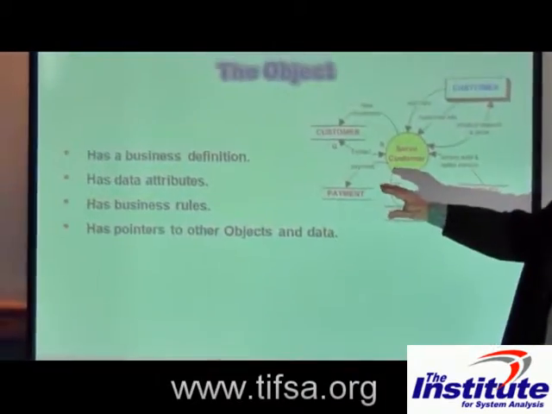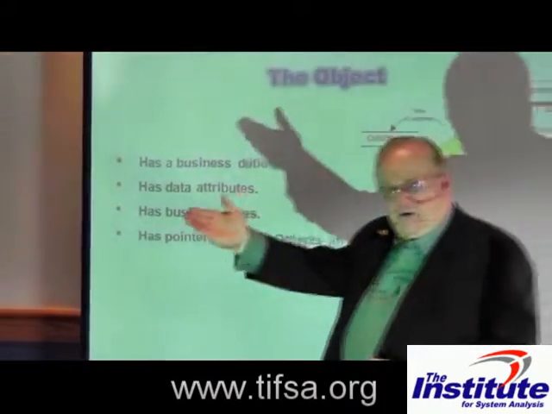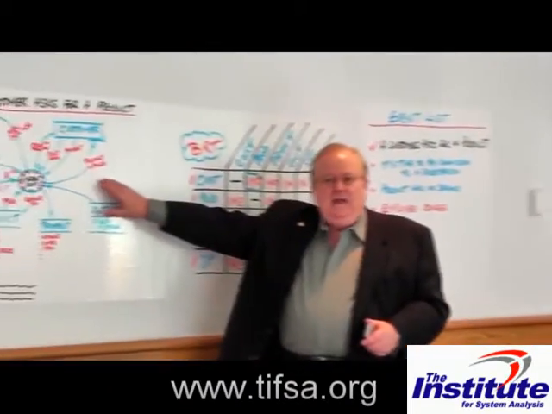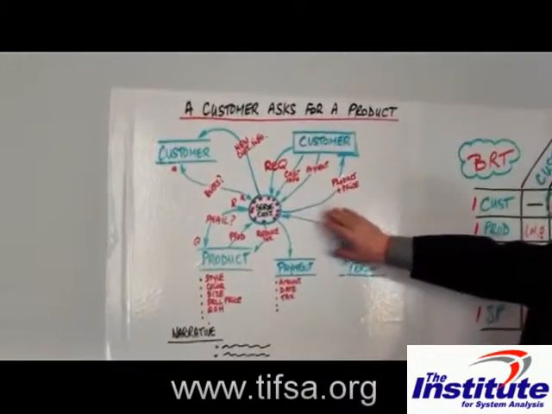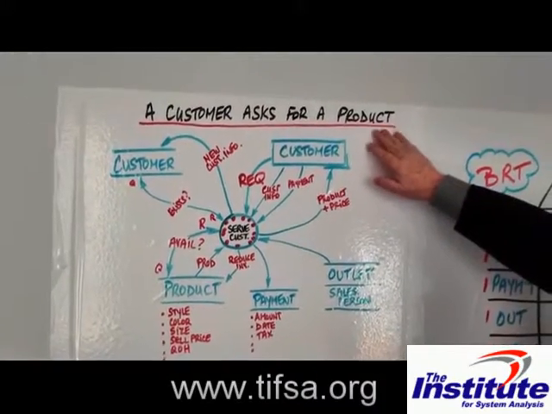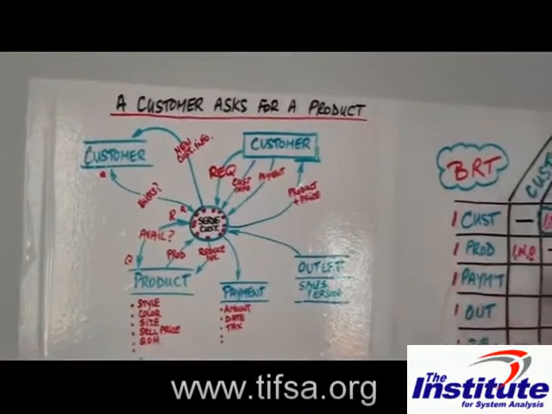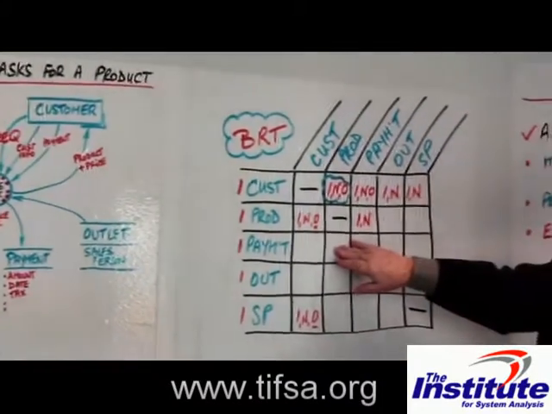Now, where do the business rules come from? Well, you'll recall, if we go back over here, that for this diagram, this process that supports this event, the serve customer process that supports the event a customer asks for product, we have a business rules table.